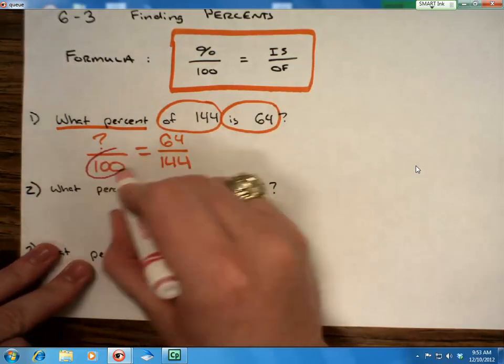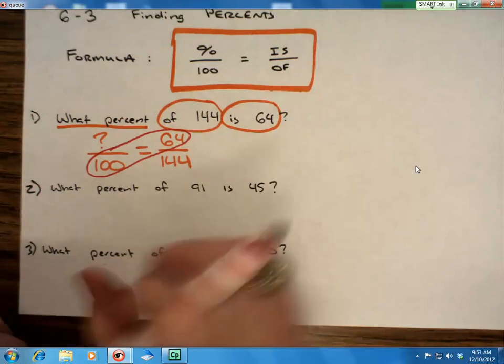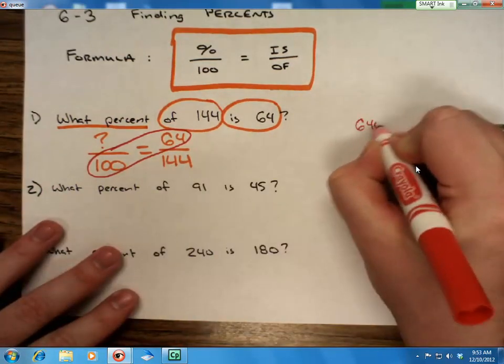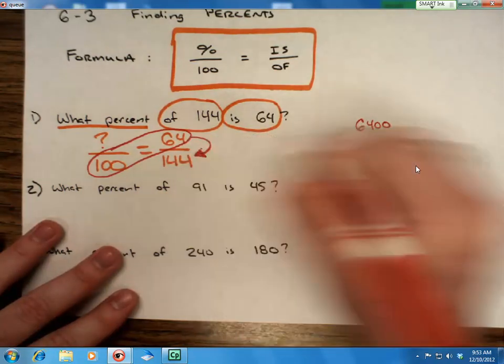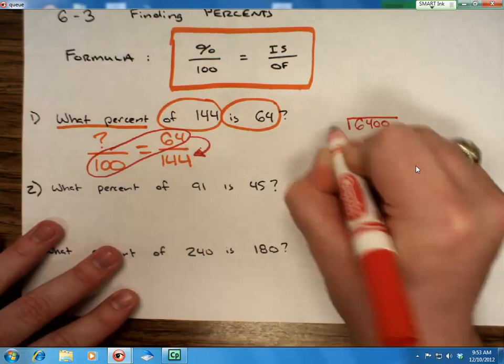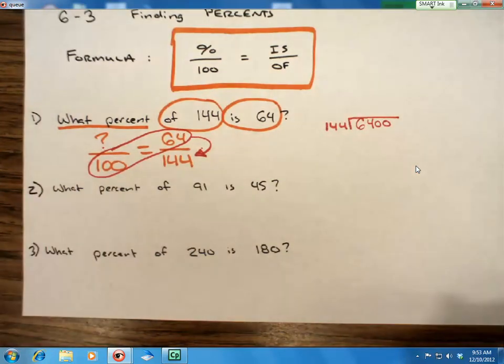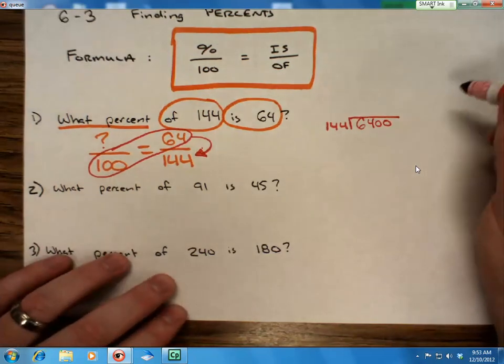Now, I will tell you, our first couple of examples here don't come out nice and even, unfortunately. Okay, so when we cross multiply these, obviously we're going to get 6,400. And I know that I have to divide by the number outside of my loop there. So I have to divide by 144. Now, whenever I divide 6,400 divided by 144, it gives me 44.4.